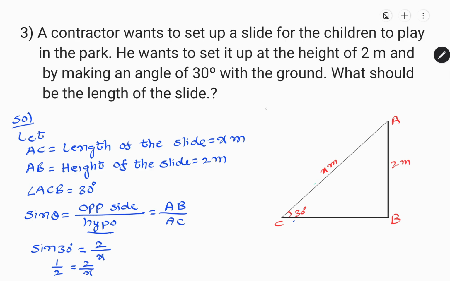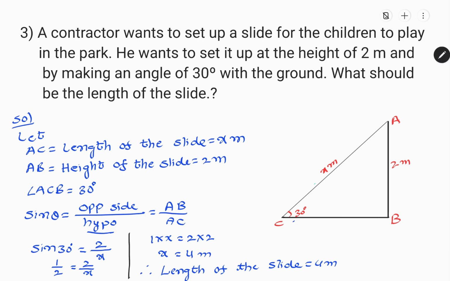Now do cross multiplication. Here 1 into x and 2 into 2. 1 into x is x, and 2 into 2 is 4. X is equal to 4 meters. Length of the slide is 4 meters. Therefore, the length of the slide is equal to 4 meters. We found the length of the slide.